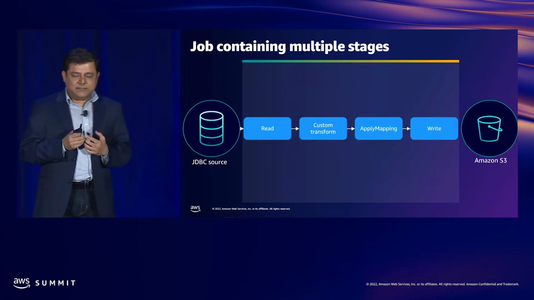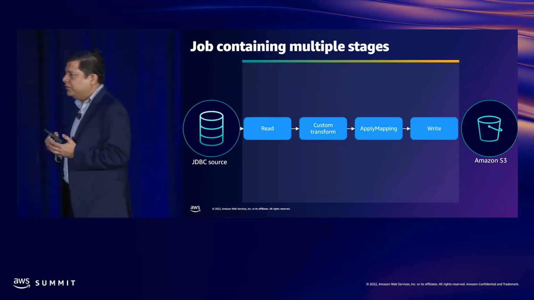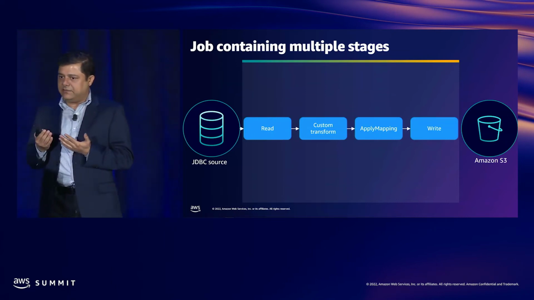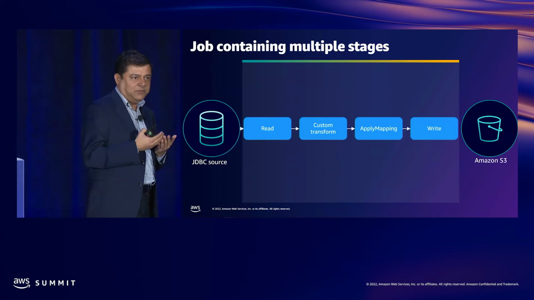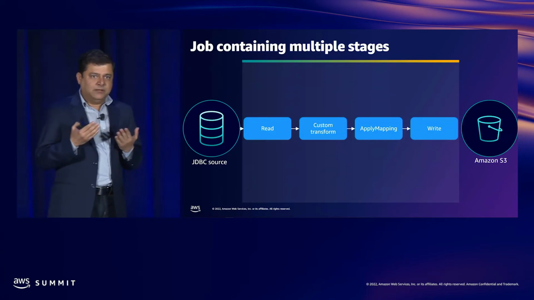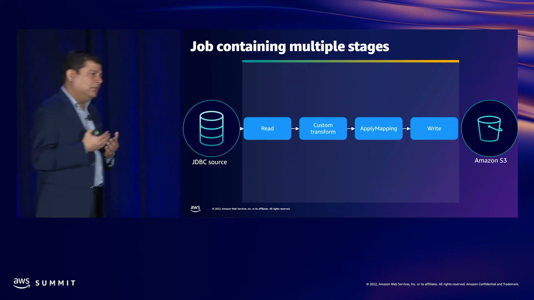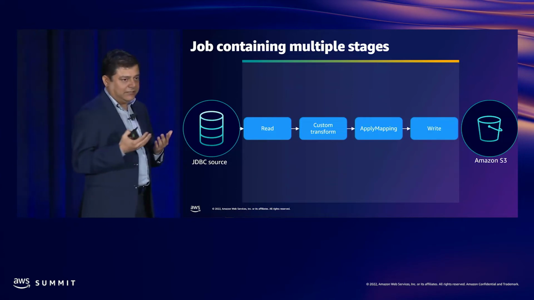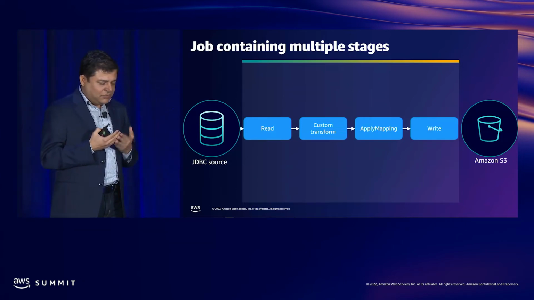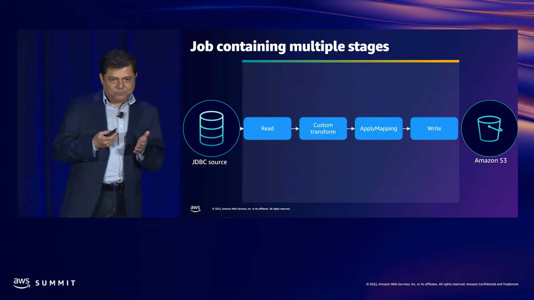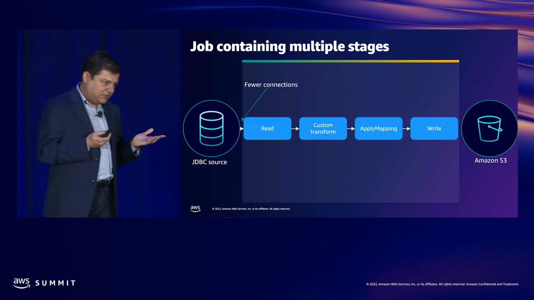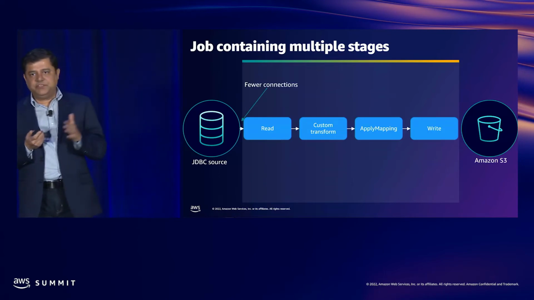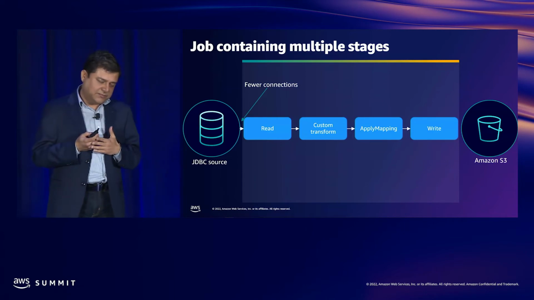Now the typical pattern is that you do not want to tax your JDBC source. That's why the idea is that you have fewer connections to the JDBC source to avoid burdening it with processing those analytics workflows. So at the first stage, you just open it up with fewer connections, and then you try to achieve parallelization at the later stage.